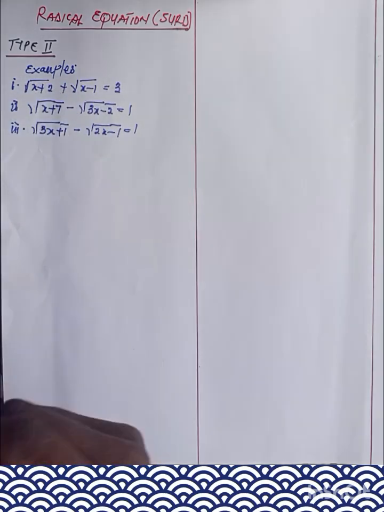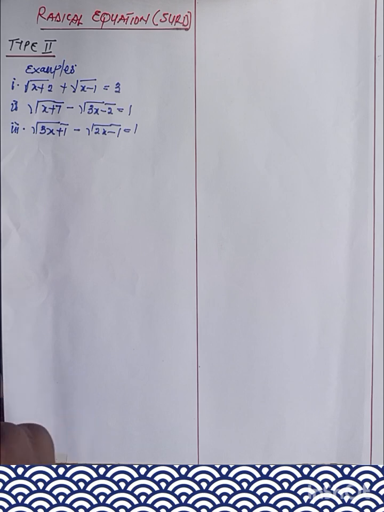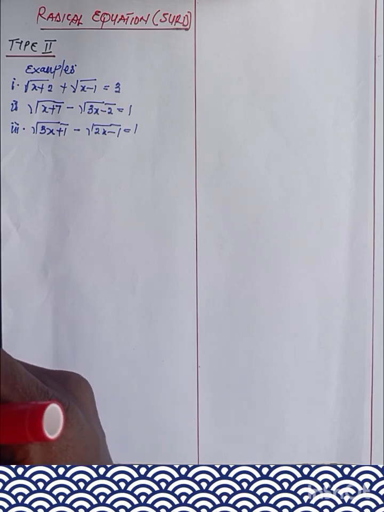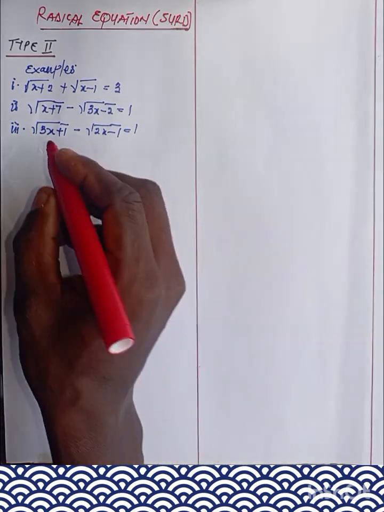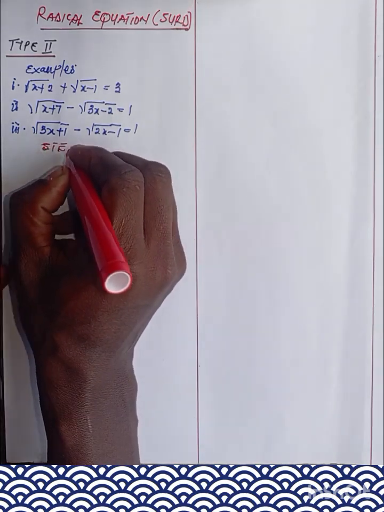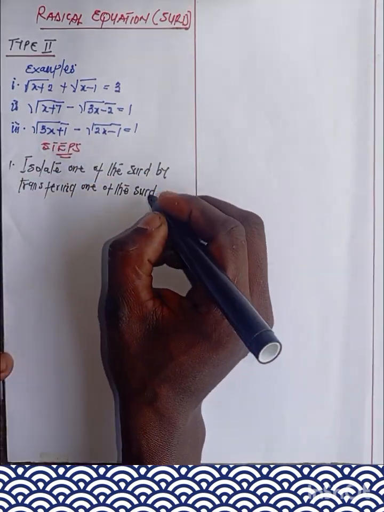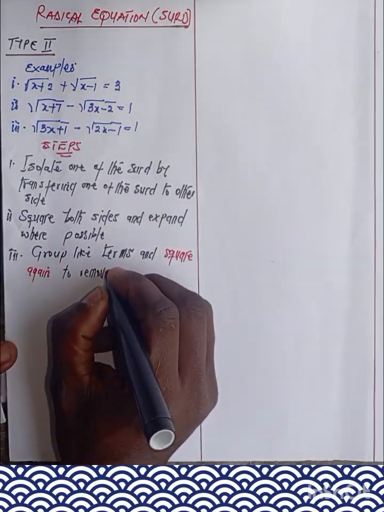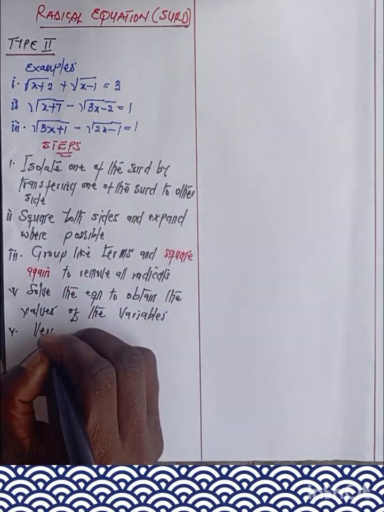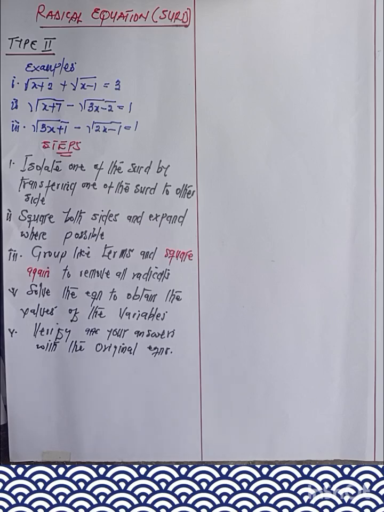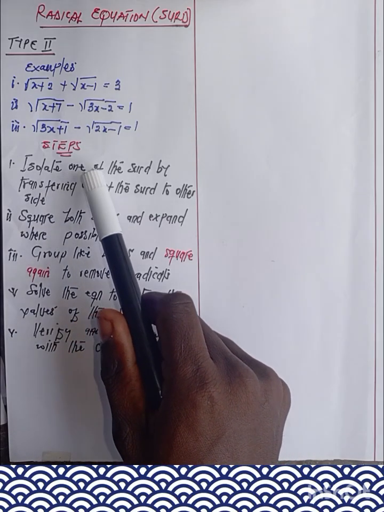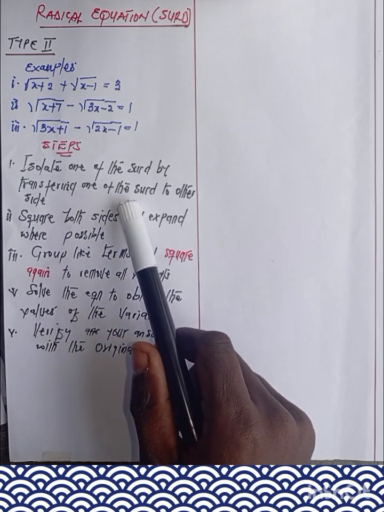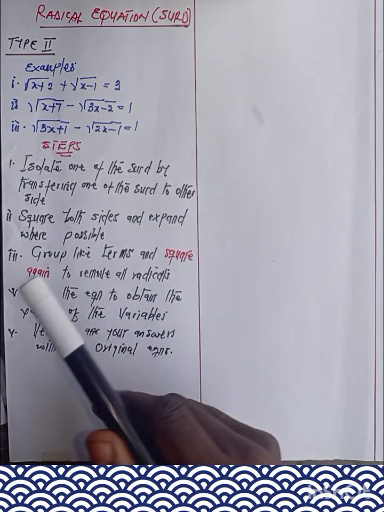Okay. Now let's look at the steps that we are going to use in solving type 2 questions under radical equation. So we have the steps. Isolate one of the surds by transferring one of the surds to the other side of the equation.